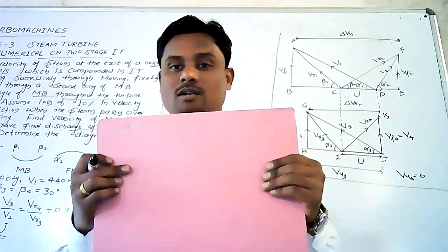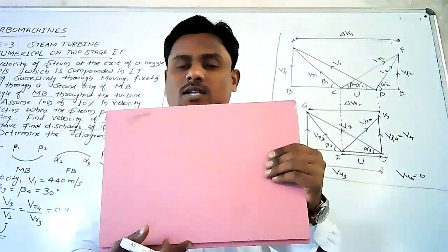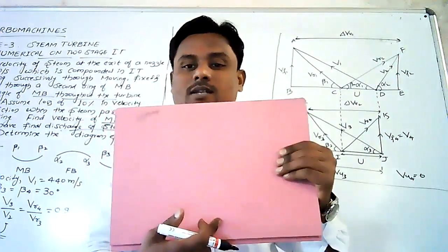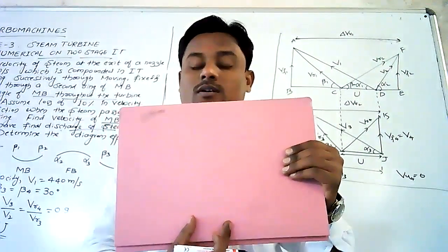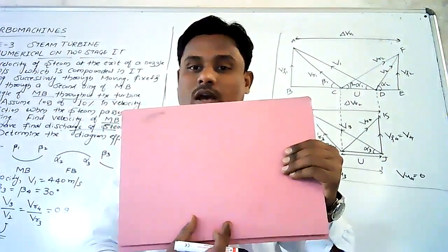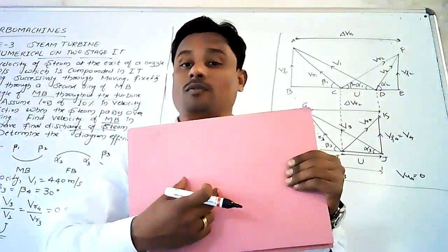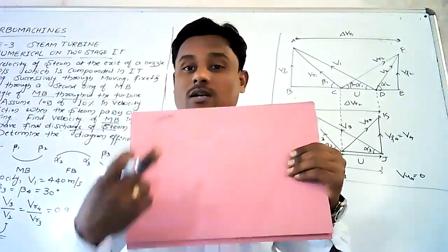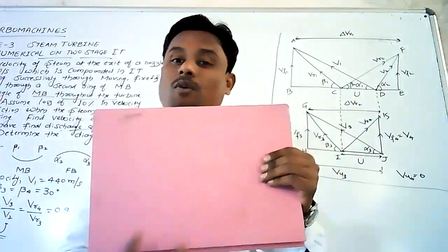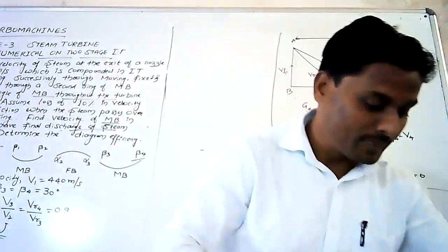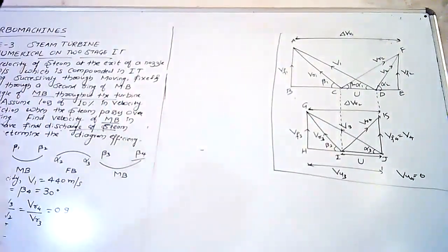As we are starting the numerical from the second stage, leave 1 centimeter from the bottom and start sketching. First we will draw the diagram for the second stage, and next we'll take the locus to draw the diagram for the first stage. Start sketching from the second stage, that is from the bottom. Now let us start sketching the graph.